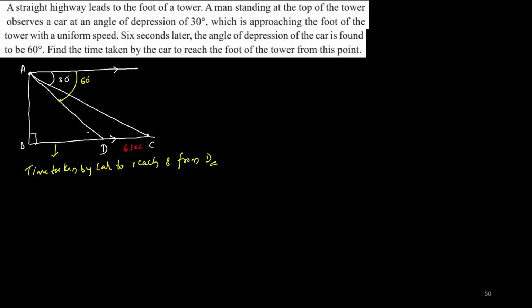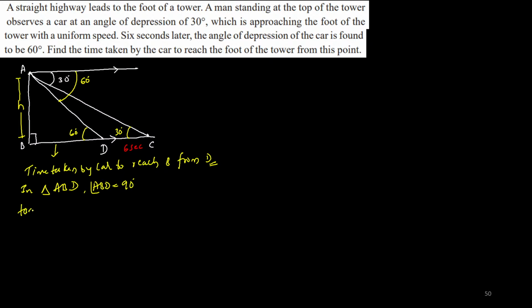So now I will speak. See, this angle is also 30 degree, this is 60 degree. Interior alternate angles, this is also 30 degree. In triangle ABD, if I take the height of the tower as h, angle ABD is equal to 90 degree.